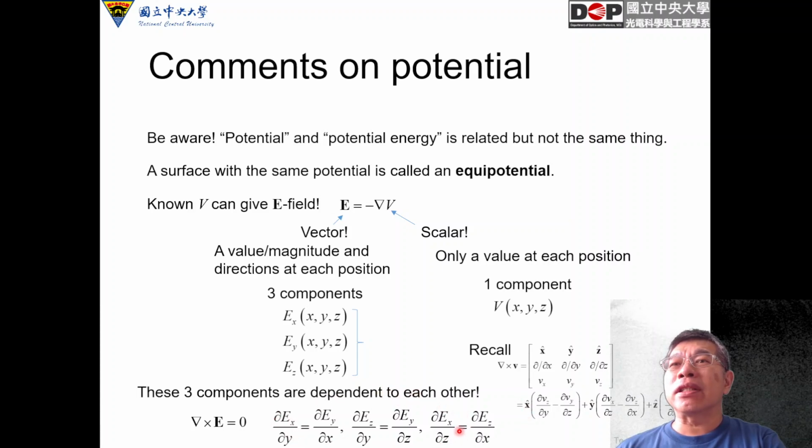Anyway, we would like to use potential, or just electric potential, to describe the behavior of electricity or electromagnetism issues. So potential is rather simple and easy to deal with.